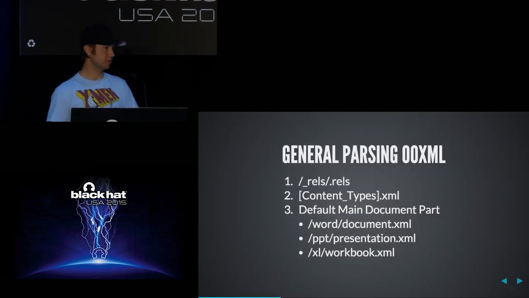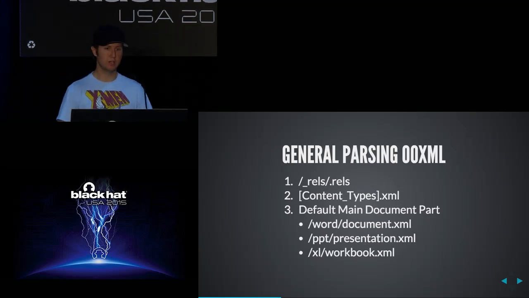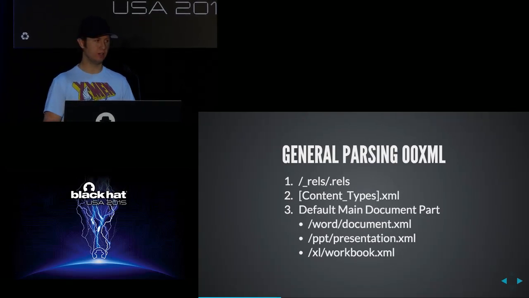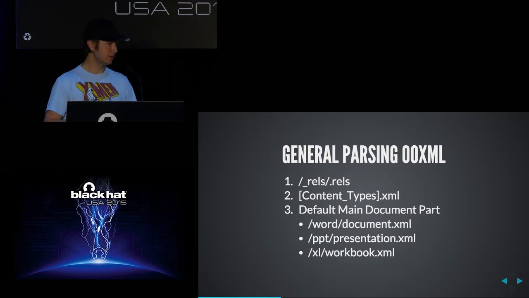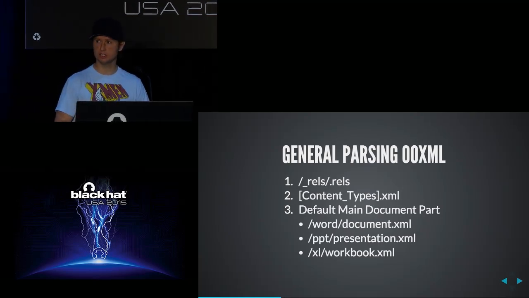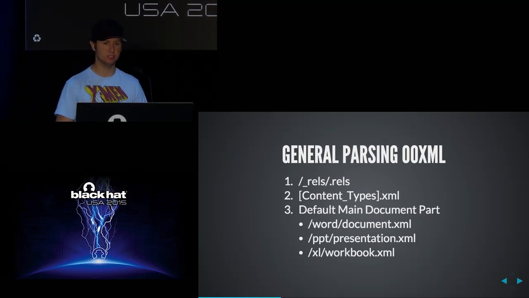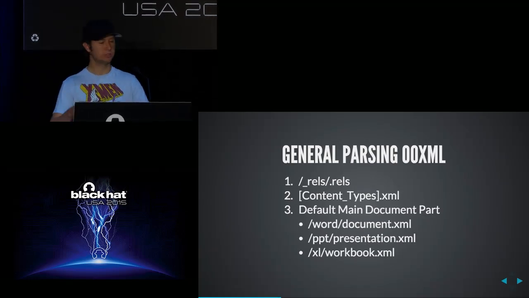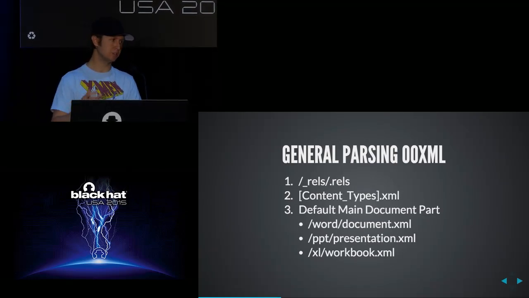In terms of the general parsing order, let's say you want to write an application to parse Word documents. Microsoft recommends you parse it in this order. First, you would parse the relationships file, which is an XML file, and that assigns the ID to any file within the document. Next, you would likely parse the content types.xml, which is essentially a MIME type listing. It says, if you have a PNG inside, it's an image/PNG.